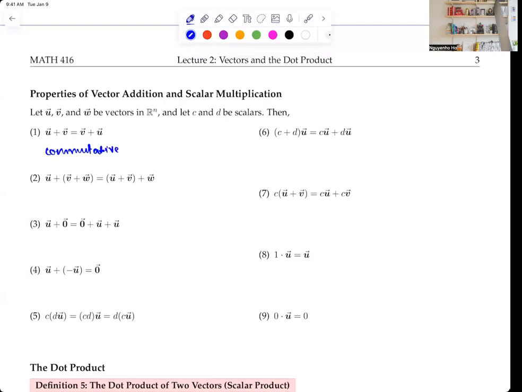The second one says that if you group v and w, do that calculation first and then add u later, it's equivalent to u plus v plus w. So this is the associative property of vector addition.